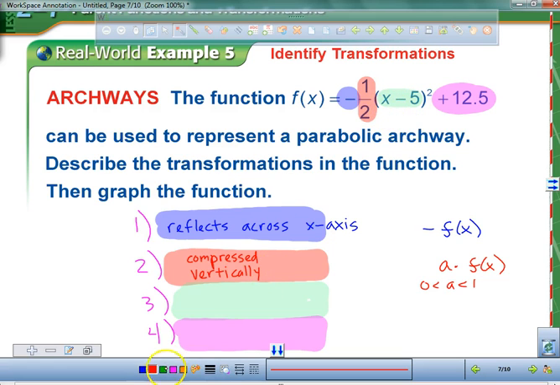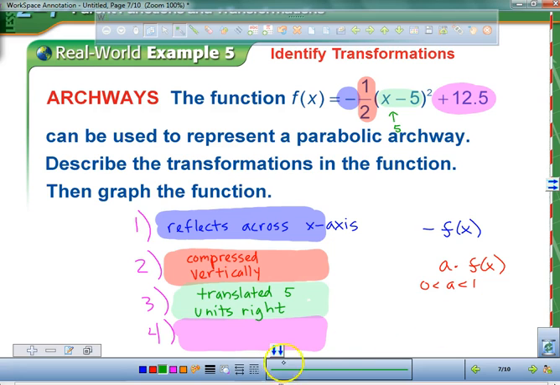Ooh, here we have a translation. It's translated 5 units to the right. You're like, wait a second, no, you're wrong, Mr. Moody. That says x minus 5. But what number minus 5 gets me back to 0? Positive 5.